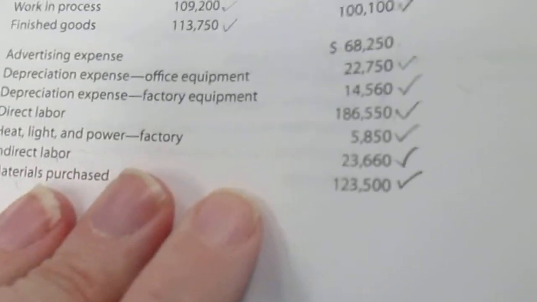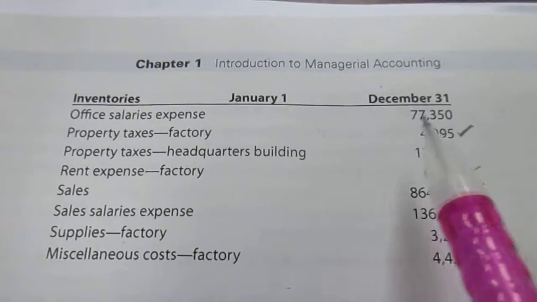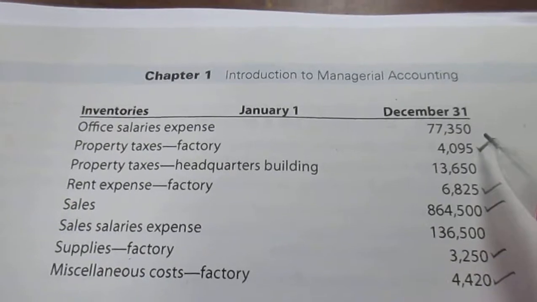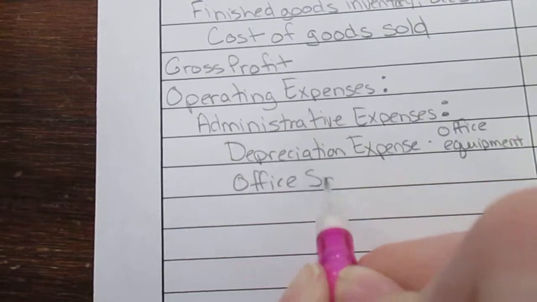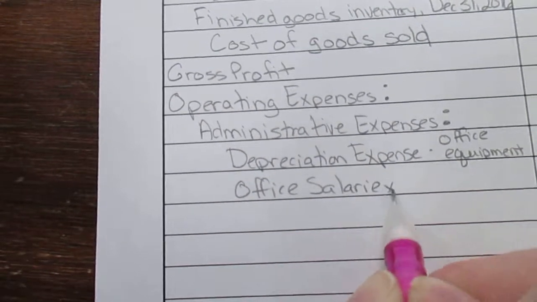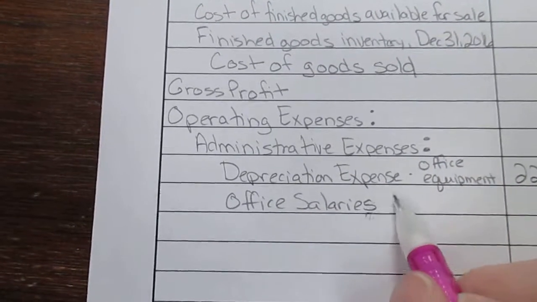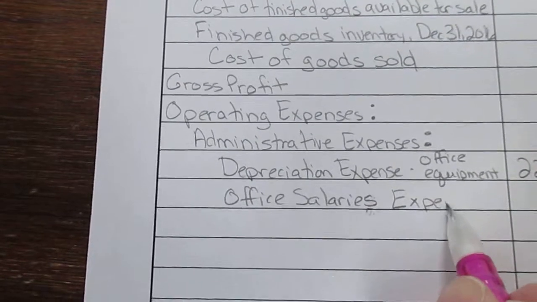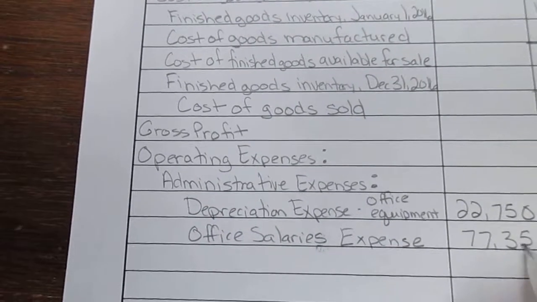Okay. We're going to go back to our textbook. And we finished all of those on that page except for that one selling expense. So we're going to go back up here to the top. And we have office salaries expense for 77,350. So that one's going to go under administrative. And again, 77,350.